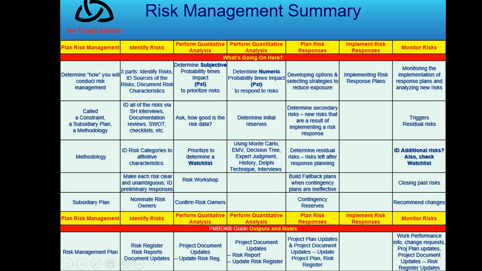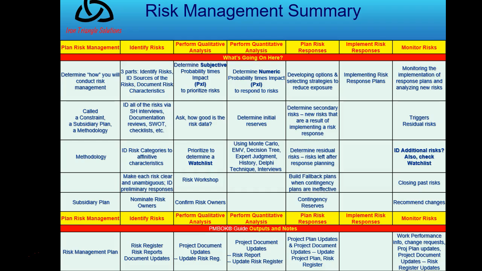In identify risks, I tell you that there are 3 parts to identify risks. It's identify the actual risk, identify the sources, and document the characteristics. So you're going to identify all of the risks, not just some of them.